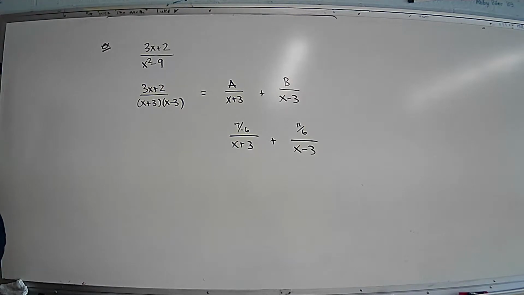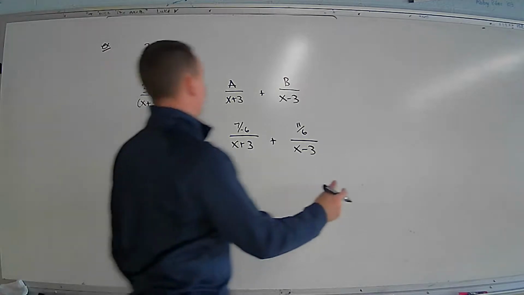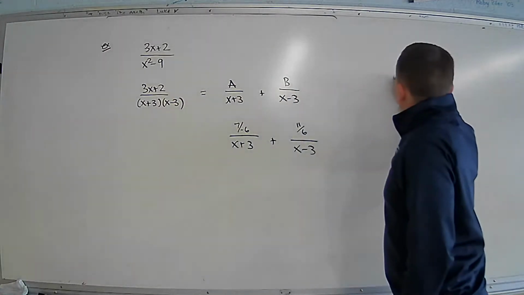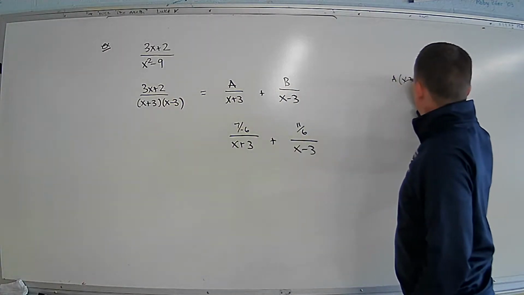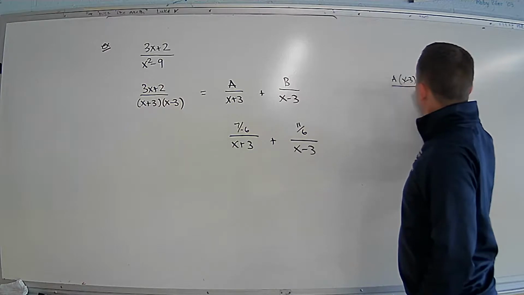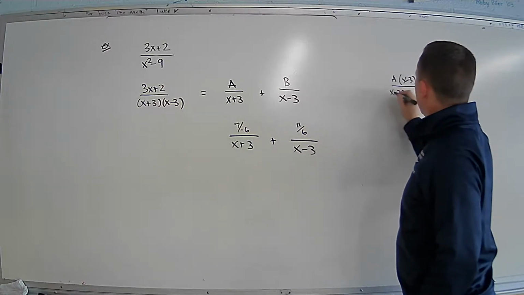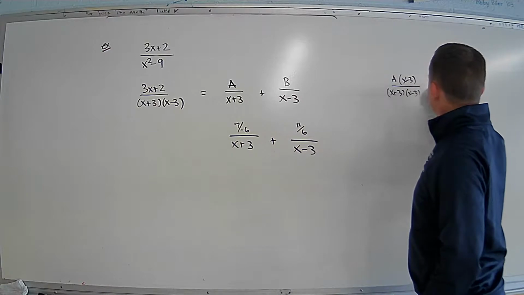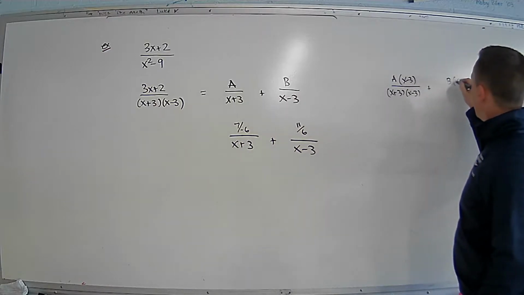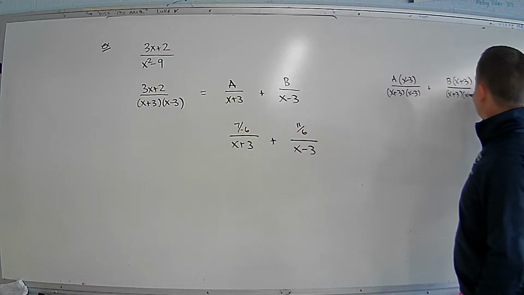Didn't have to set up the equation. Okay? If I were to set up the equation, I would have gotten A times x minus 3 over x plus 3, x minus 3, plus B times x plus 3 over x plus 3, x minus 3.